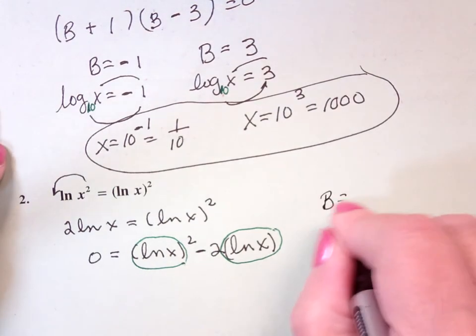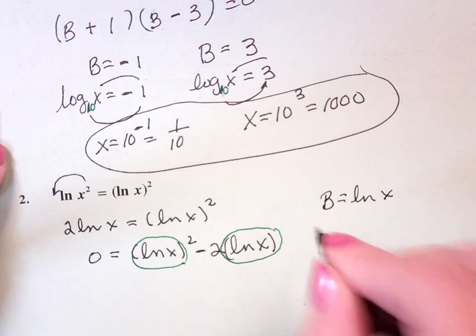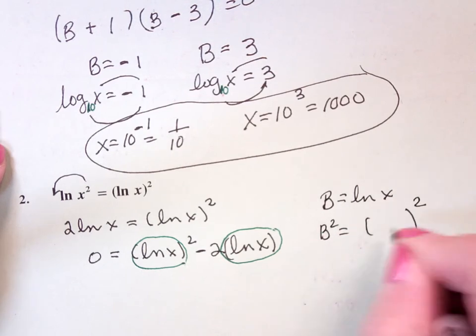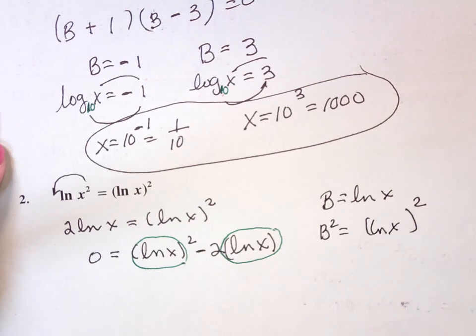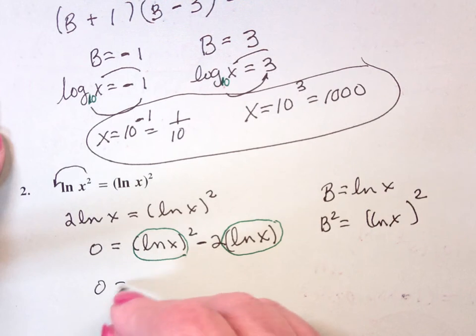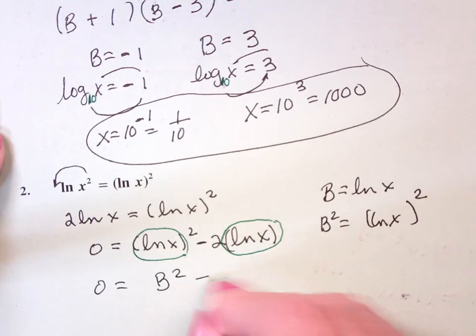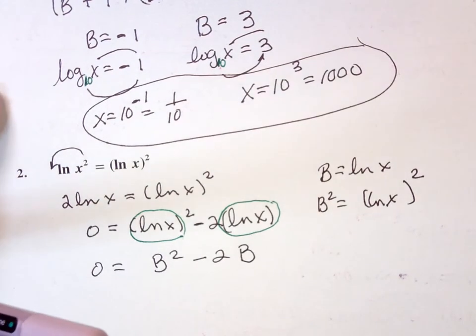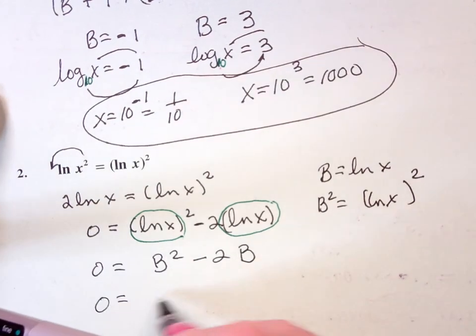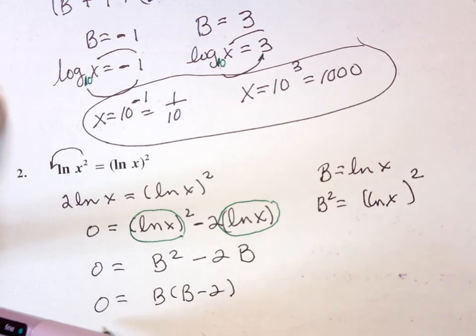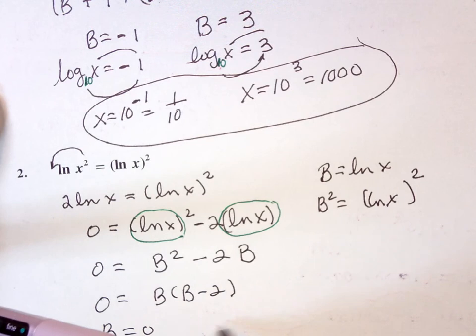So b is equal to the natural log of x, and if I square both sides, b squared is the natural log of x, the quantity squared. So 0 equals b squared minus 2b. That factors. This is b times b minus 2. So b is 0, b is 2.